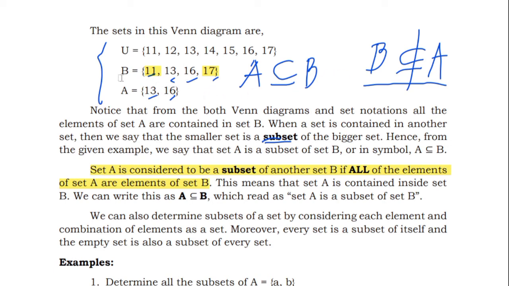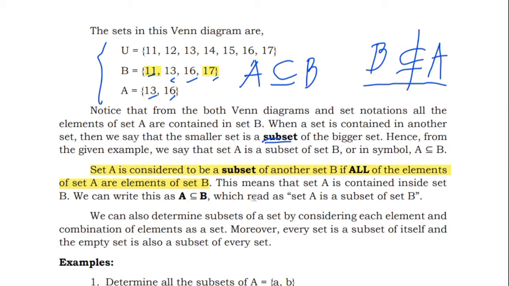The elements 11 and 17 of set B are not found in set A. So that is why B is not a subset of A, but A is a subset of B.